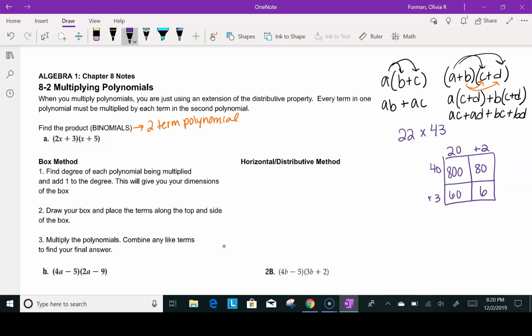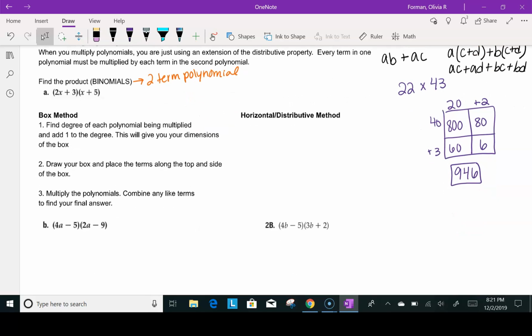If you add those up, 80 plus 60 is 140, so you're at 946. It was a way that you might have learned how to do multiplication before the standard algorithm. The box method here is pretty much based on that, simple multiplication area models.